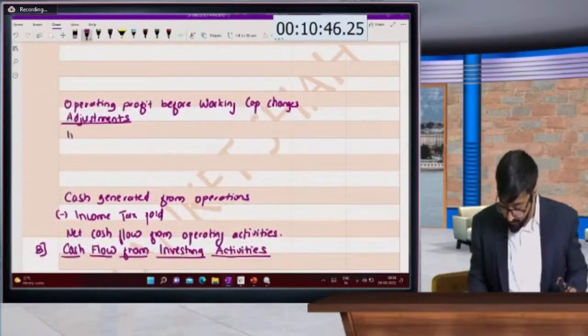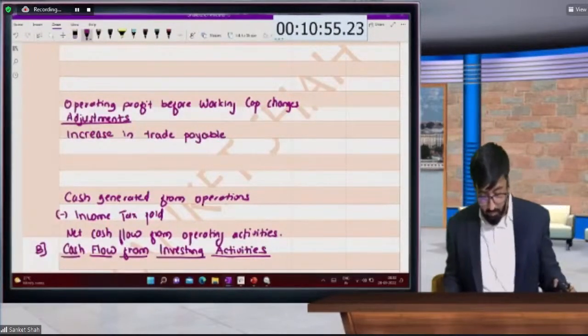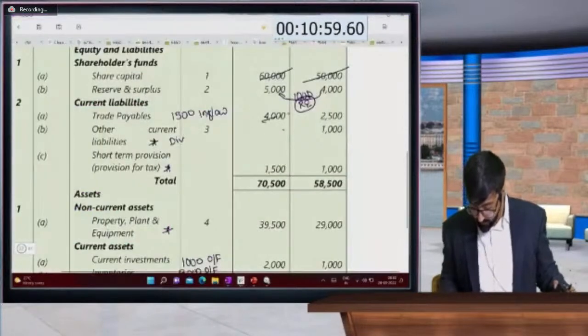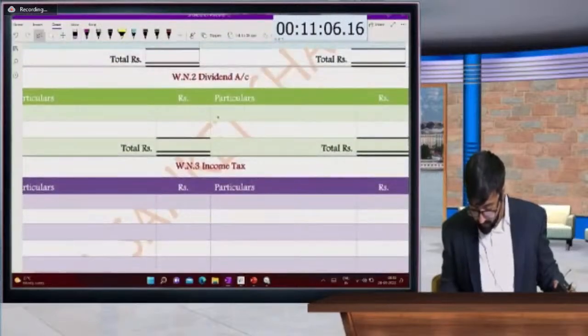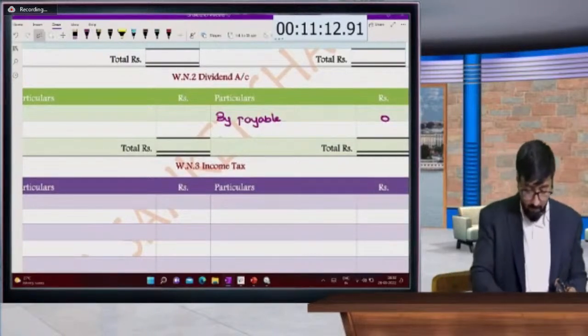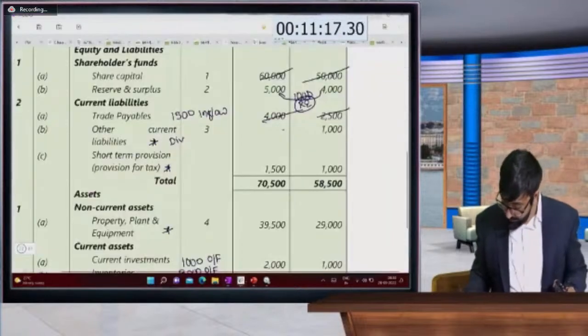Increase in trade payable, 1,500. By payable is there, I think.